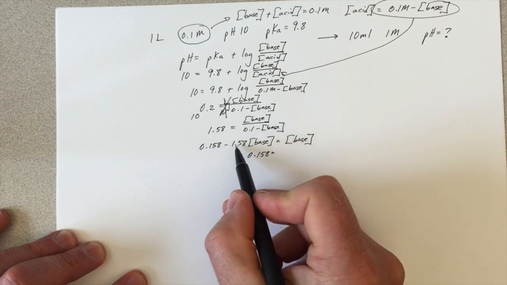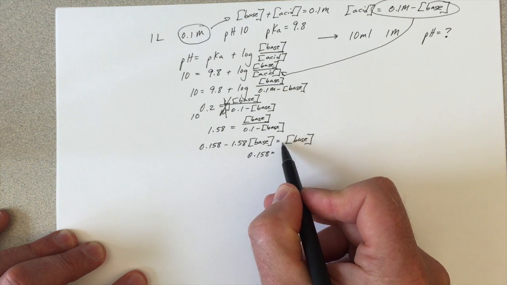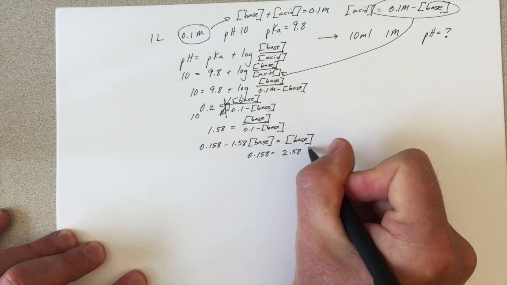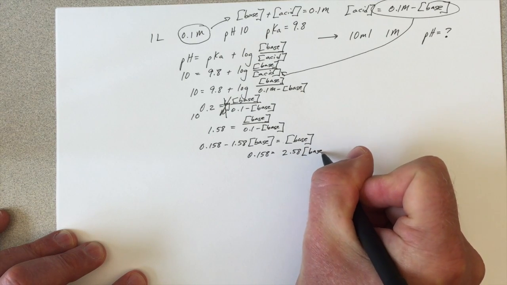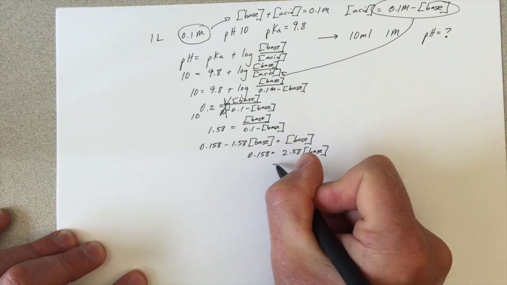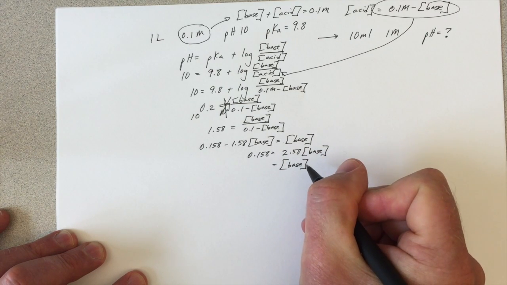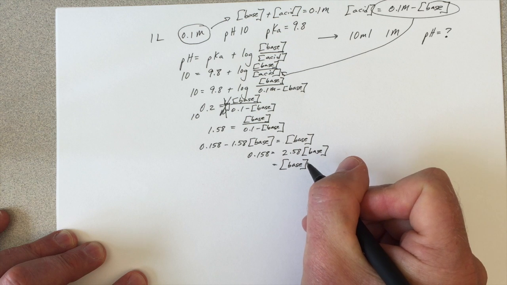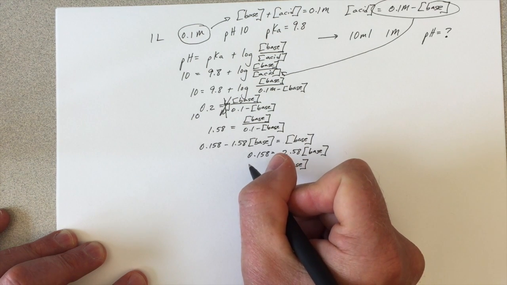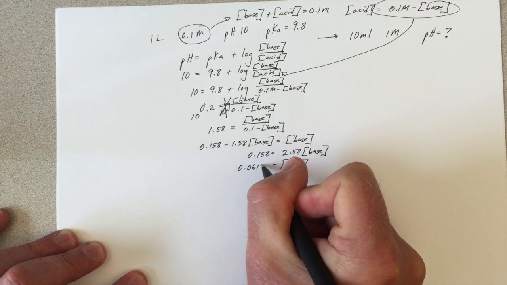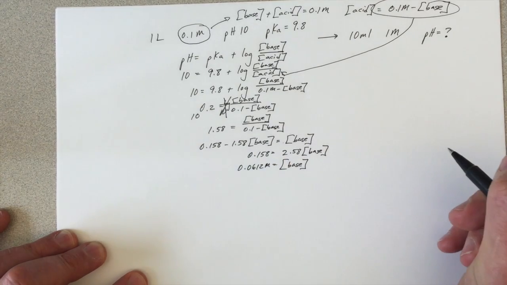0.158 equals 1.58 plus 1, this is 1 base, so we have 2.58 times concentration of base. Divide both sides by 2.58, and I end up with concentration of base equal to 0.0612 molar.